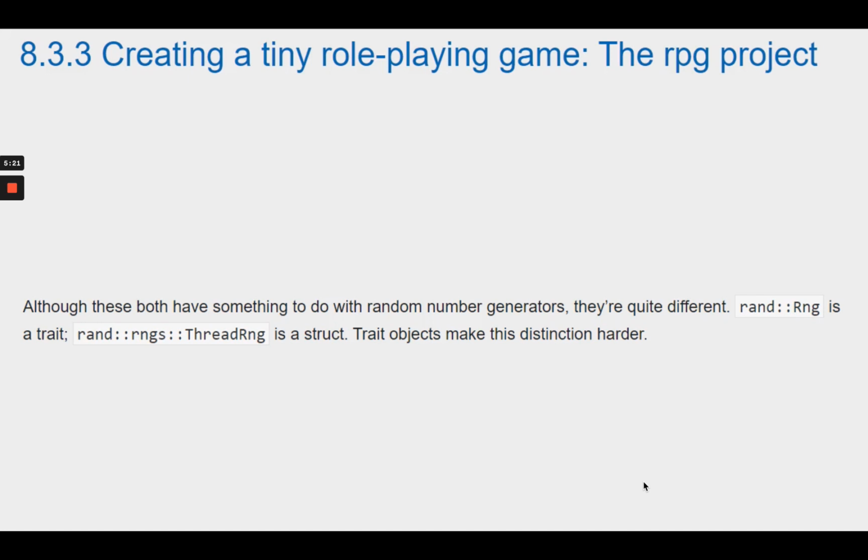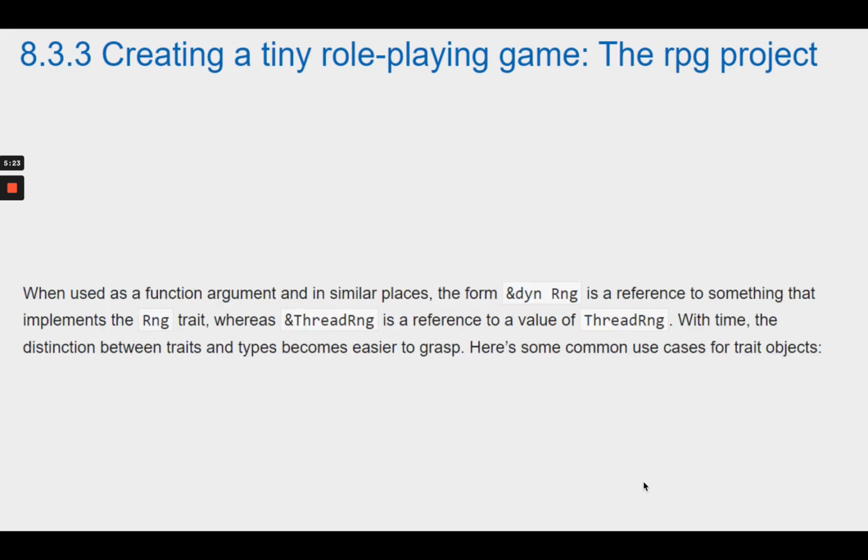Trait objects make this distinction harder. When used as a function argument and in similar places, the form &dyn Rng is a reference to something that implements the Rng trait, whereas &ThreadRng is a reference to a value of ThreadRng. With some time, the distinction between traits and types becomes easier to grasp.